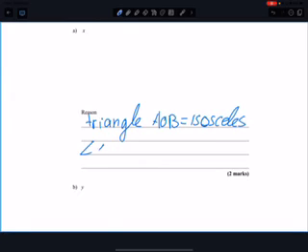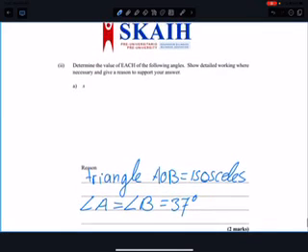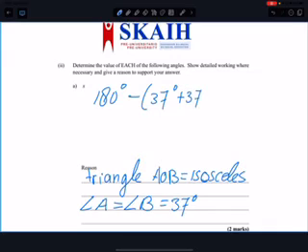So angle A equals angle B, which is 37. That's all you have to write, because that's all you need to know. All right, then you go to your explanation. 180 degrees, subtract 37 with 37 degrees. And the angle X, what is 74? It's 106 degrees. That's your answer.